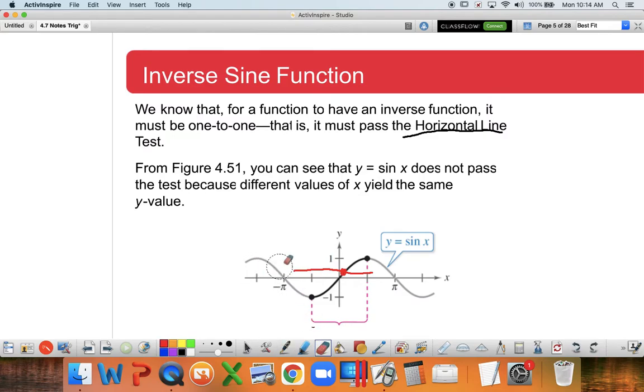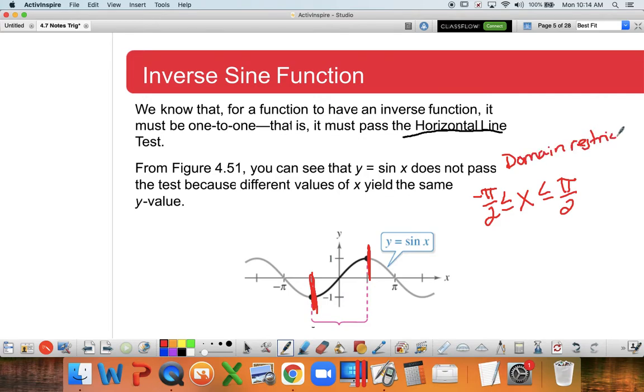Well, to be honest, what the mathematicians have done is we need to be able to evaluate and figure out angles. So in order to say that sine does have an inverse, we are going to restrict the domain. We are going to say the domain for sine is between negative pi over 2 and pi over 2. So that is the domain restriction for inverse sine.